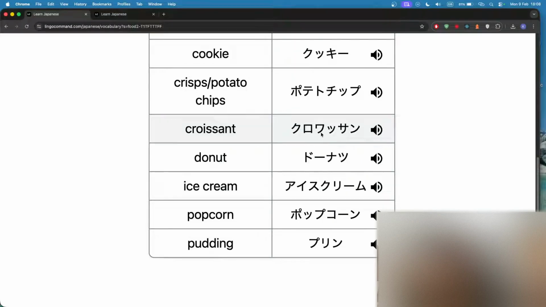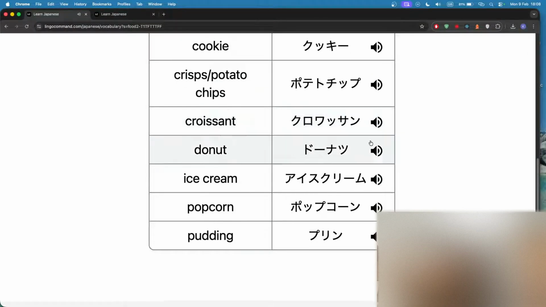So this is va and this is tsu. Croissant. Kurowassan. That's interesting. This is actually structurally quite different to croissant. Kurowassan. Okay.